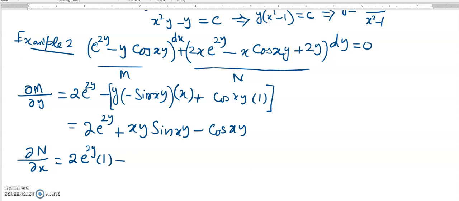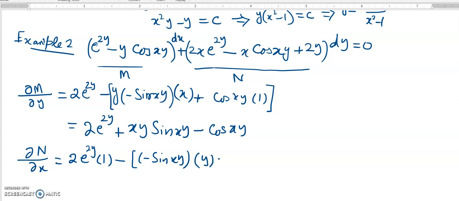Then for cosine xy it will be minus sine xy, and from the chain rule it will be y, because we are differentiating with respect to x.